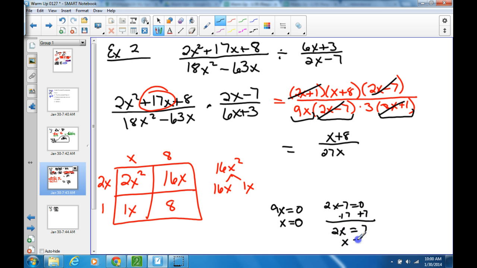So x would be 7 halves, right? And then do the same thing with 2x plus 1 equal to 0. Solve for x. So then you end up with x equals, I'm skipping a step here, negative 1 half. So my answer here is x cannot be 0, it cannot be 7 halves, and it cannot be negative 1 half.